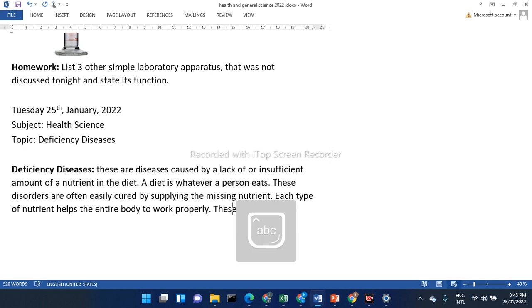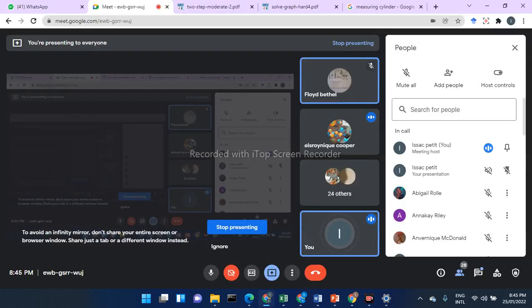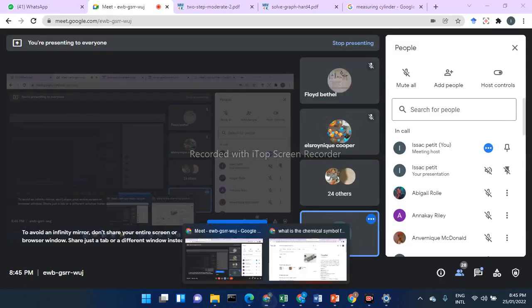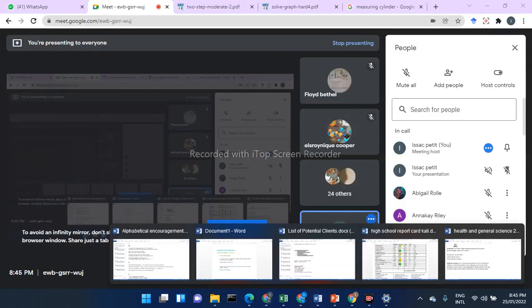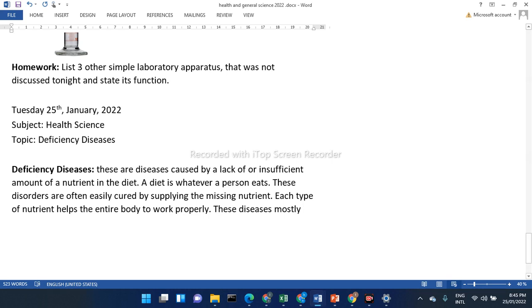So who do you think is more likely to have these diseases? Where do you think these diseases are most prevalent? In poor countries. Why is it more prevalent in poor countries? Because of a restricted diet.